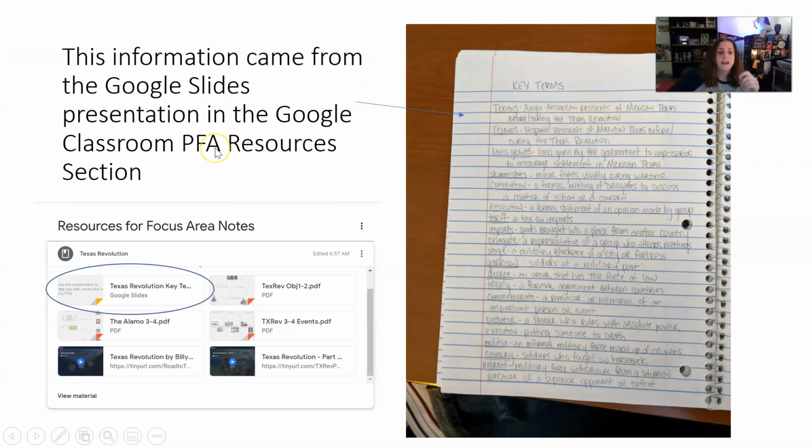Whenever I need to find the definitions, I've had to look all over the place, and I know that sometimes you guys get frustrated in that searching. So I made a key terms Google slideshow that has all of the information that you need. So if you go off platform into the Google Classroom and click here, you can get that information you need.